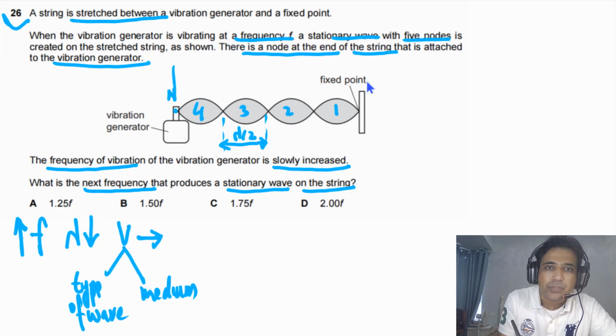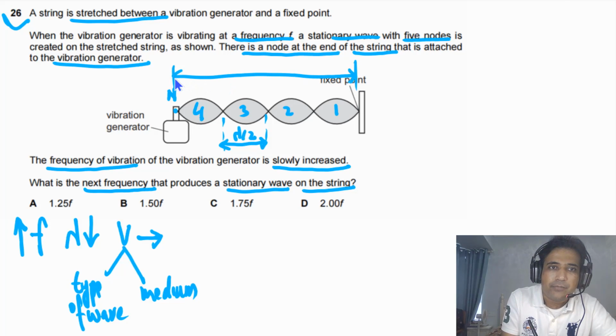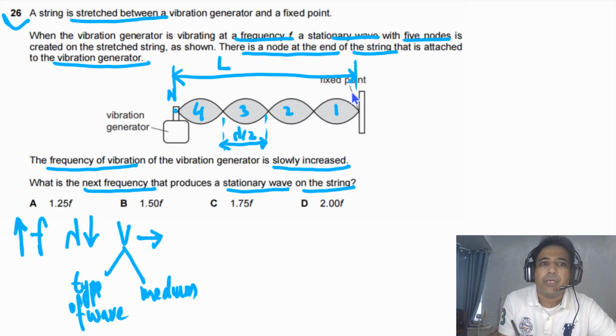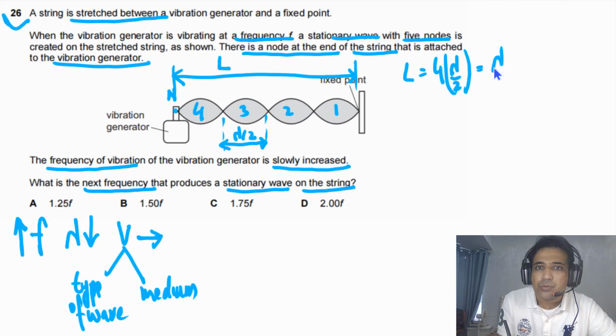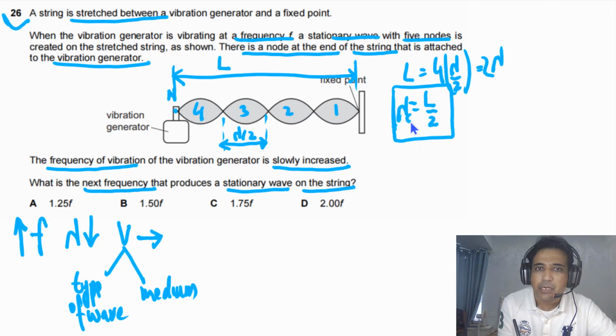Let's say the length of string will remain the same, so we have length of string equal to L. So in this case, L is equal to 4 times lambda by 2, or we can say this is equal to 2 times lambda. So from here we can write down lambda is equal to L by 2. This is our lambda 1.